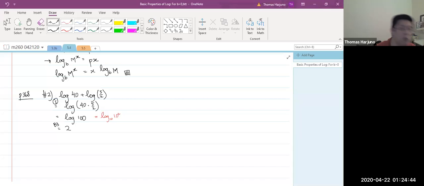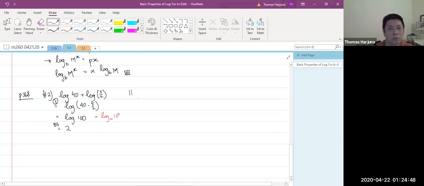Let's see number 4. Log base 9 of 25 minus log base 9 of 75.